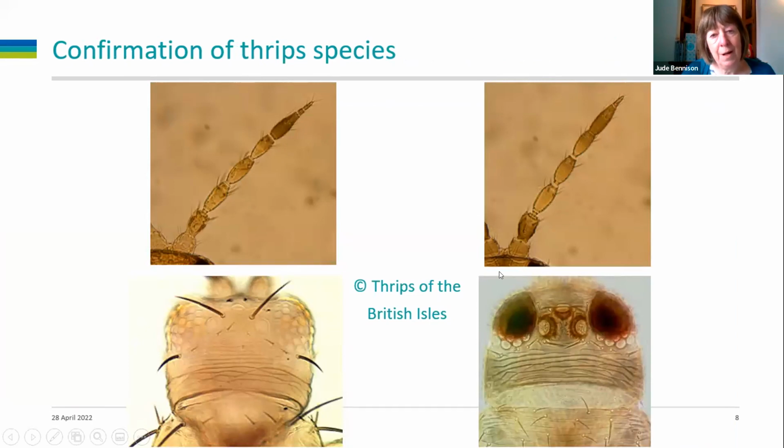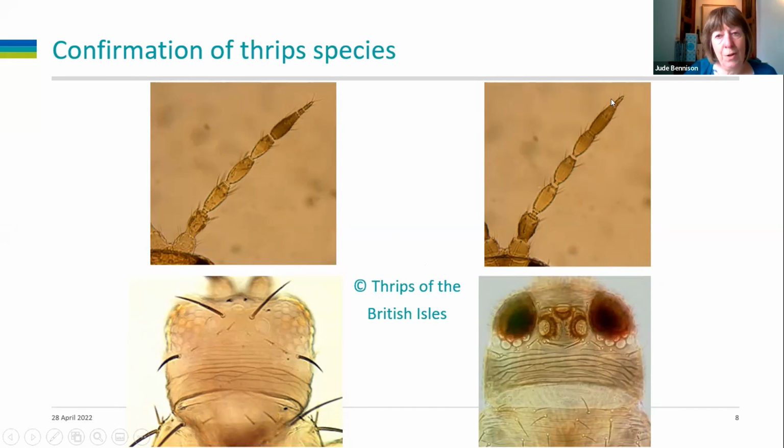To actually identify them to species, you need to send them to somebody like us, because we need to mount them on glass slides, look at them under high power, and look at small features such as number of antennal segments. So this is Western flower thrips. It has 8 antennal segments. The end one is split into 2 very small ones. This is the antennal segment of Thrips tabaci, the onion thrips, and that only has 7, like most other thrips species.